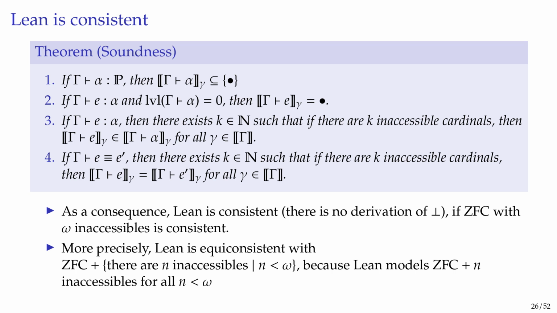There are some complications here to make the statement slightly stronger so that we can prove this theorem that says Lean is equiconsistent with the theory ZFC with there are n inaccessibles, where you put in this axiom for all n less than omega.